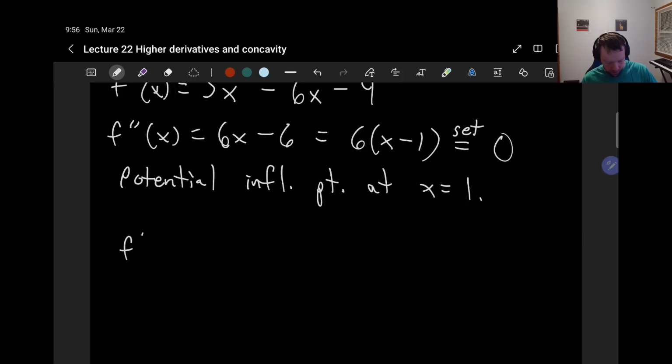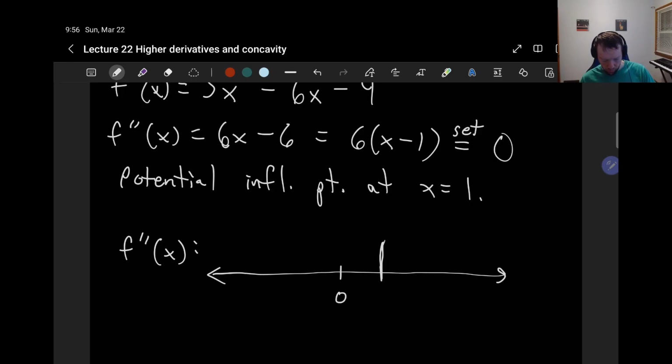And the way we do this is we draw a number line like we were doing before with the first derivative. And here's 1. It's the point I'm checking. And we're going to test points around it and see, is the second derivative positive or negative in these regions.